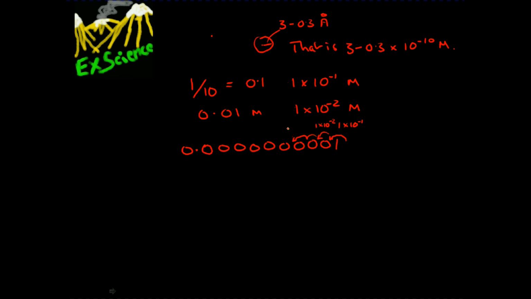If I move it to here, it will be 1 times 10 to the minus 4. 5, 6, 7, 8, 9, 10. So overall, this is 1 times 10 to the minus 10 meters. And scientific notation like this is a very, very convenient way of handling really, really small numbers. So 1 angstrom is this many meters.